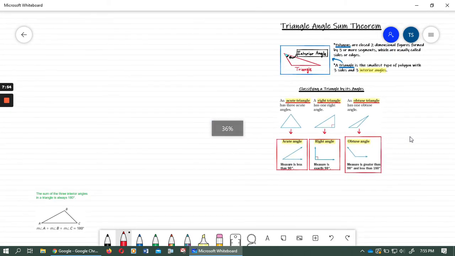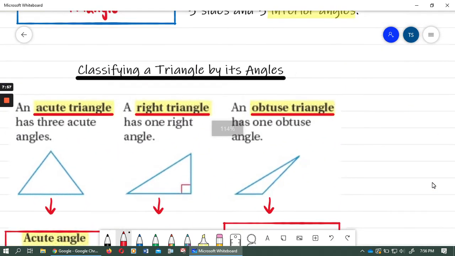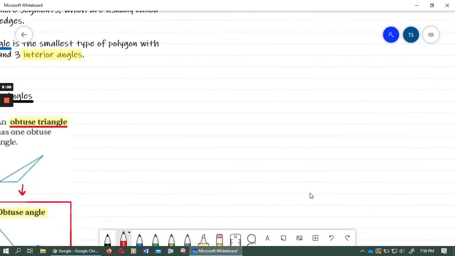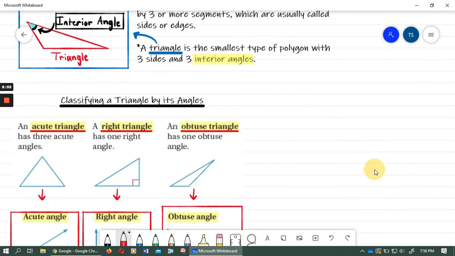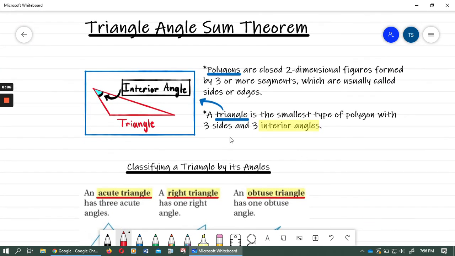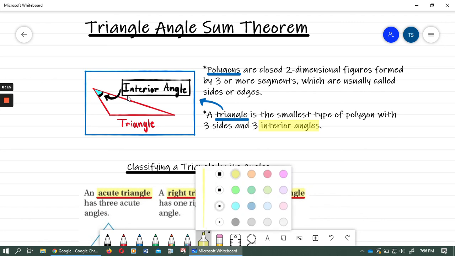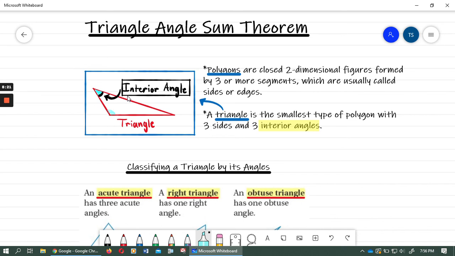Remember that an interior angle is one of those three angles that are inside of a triangle, like this one and this one. So the theorem tells us what all three of those interior angles are supposed to add to.